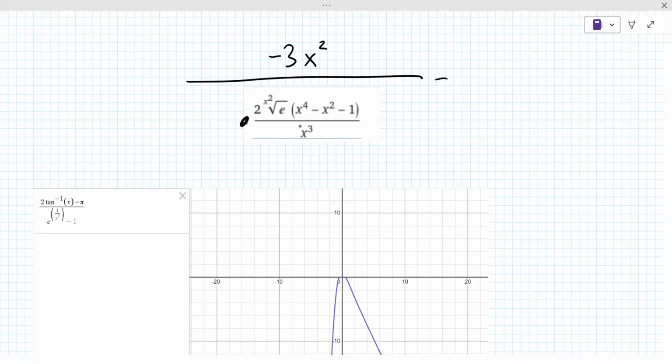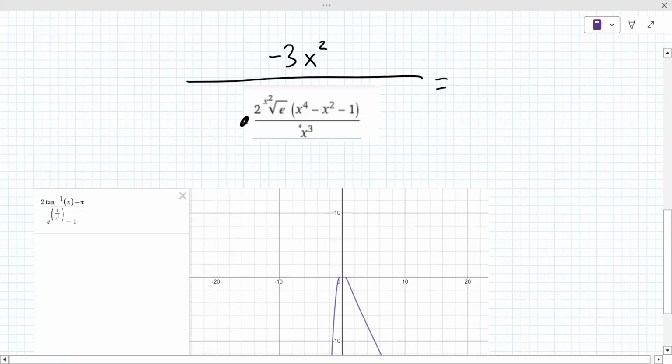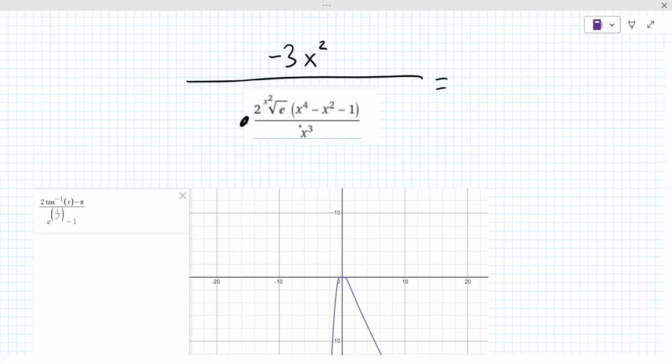In terms of how you might write it, you may want to do it a little bit differently. Trying to think how best to present this. So the top ends up being minus 3x squared. The bottom, instead of writing this right here, you really want to keep using e to the 1 over x squared like that.